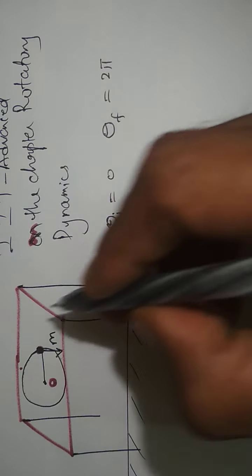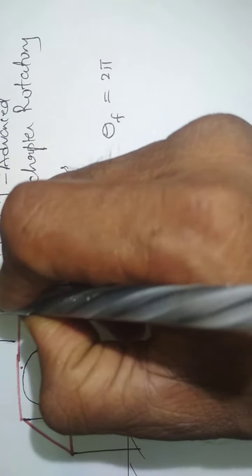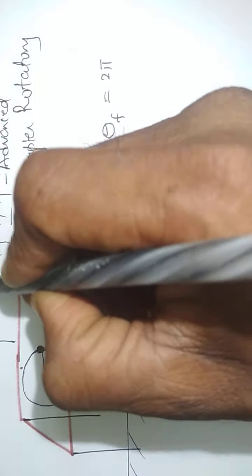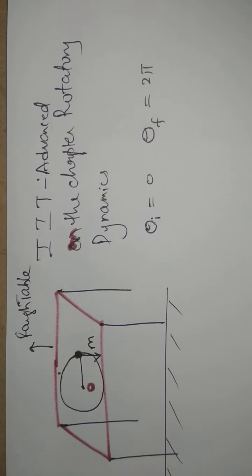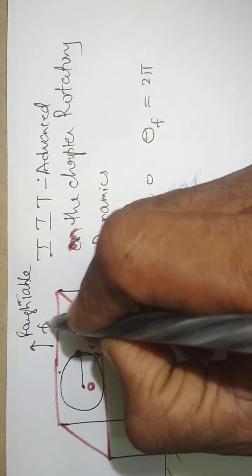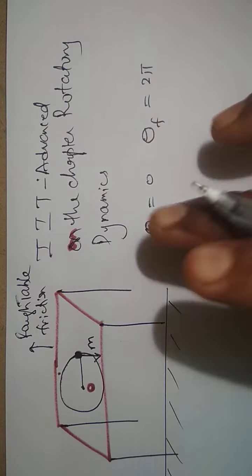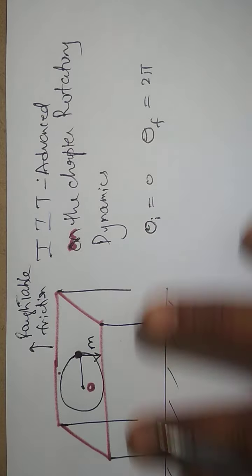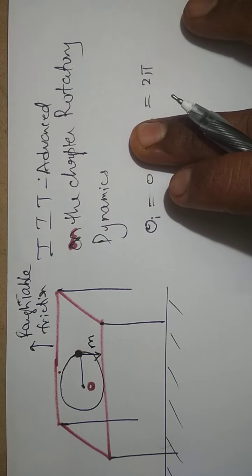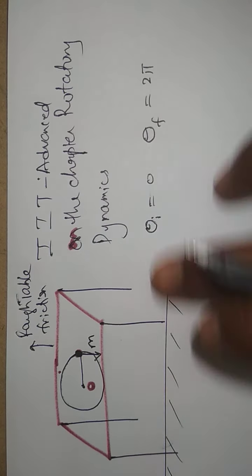After complete rotation on a rough table, the most important thing is it's a rough table. So it will have friction, because rough surfaces have friction. Even a smooth surface also has friction. Every surface has friction unless it is finely polished to the level of zero anomalies on the surface.